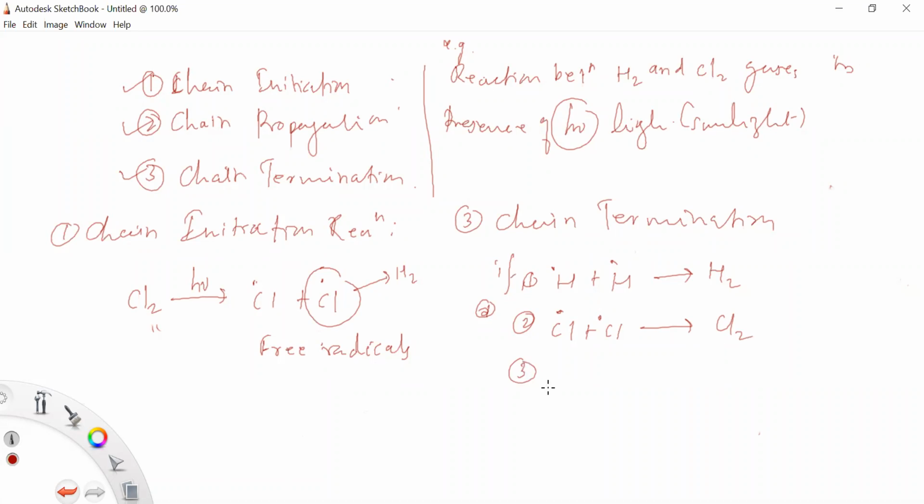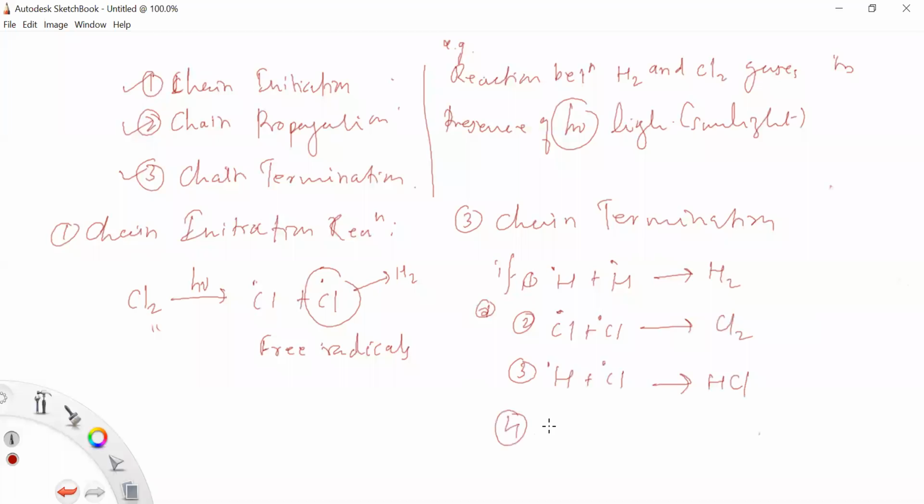The third possibility is if H radicals plus Cl radicals, which are already formed in the reaction process, combine with each other, then HCl is formed again. So there is no formation of any kind of free radicals, and the chain is terminated or stopped.